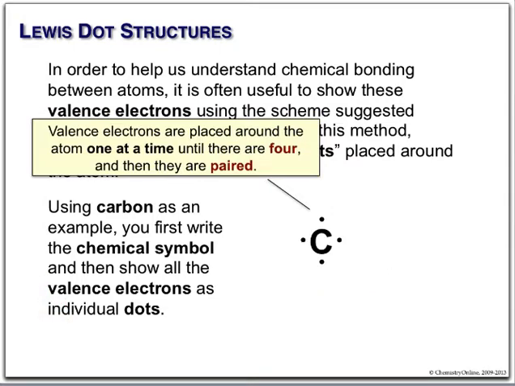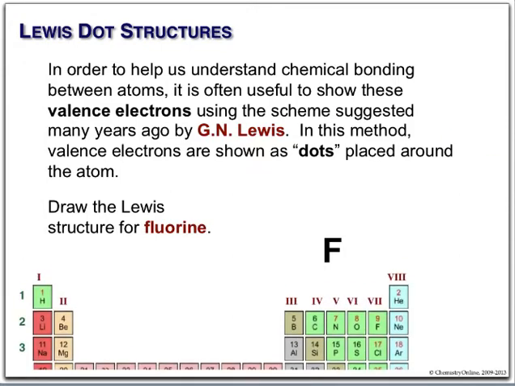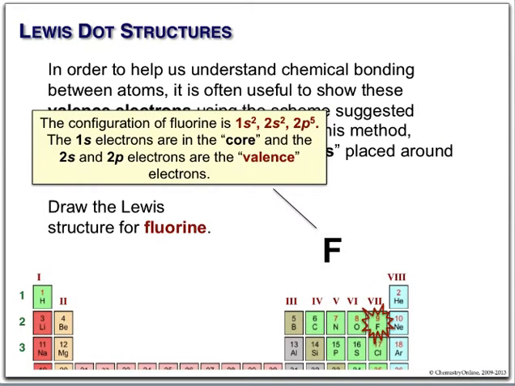The rule for placing the electrons around the symbol is that they go in one at a time until we have 4. After we get 4, we start to pair them up. For example here, if we were going to do fluorine, as we see, is in group 7. It has 7 valence electrons.